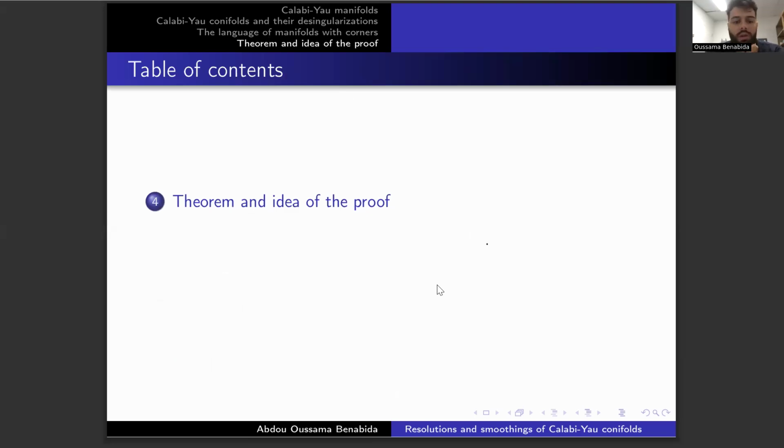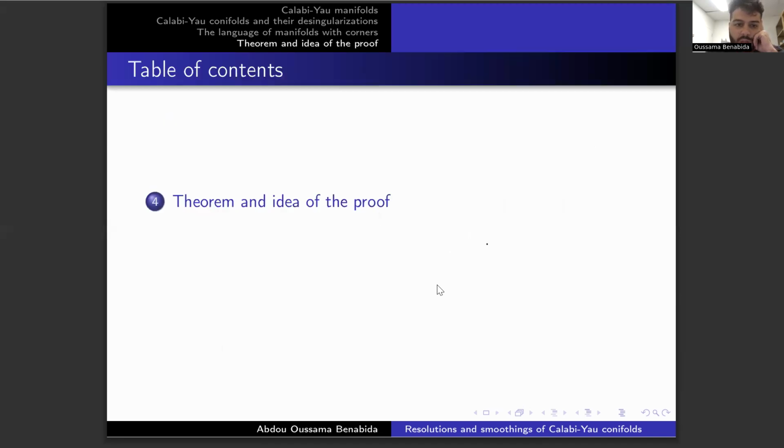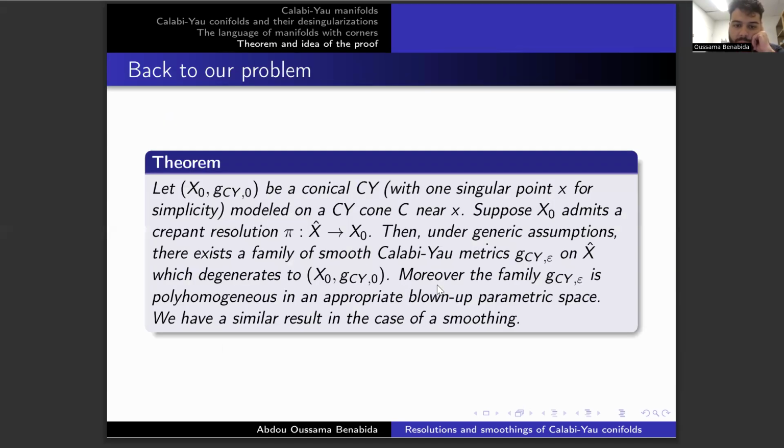Now we get to, after all this long parenthesis on this manifold with corners, so just to give an idea why we care about using such a language, we get to the main theorem.